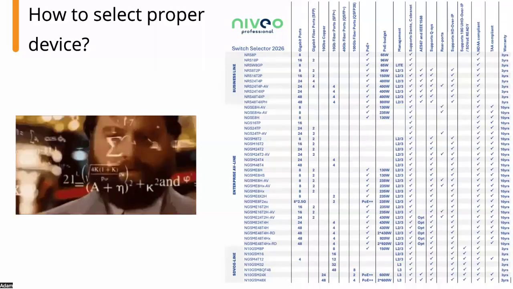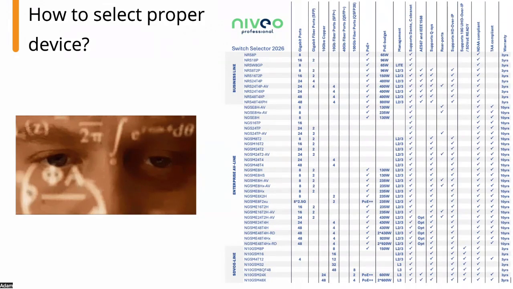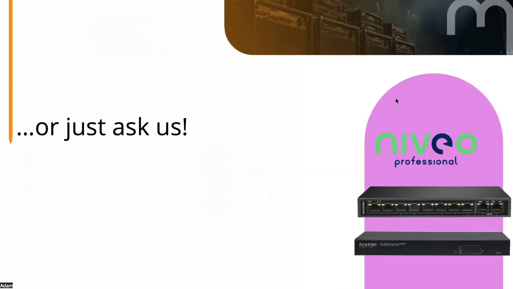If you are still not sure which device to select, remember, we are here to help. Just ask us, and we will help you select the proper product. Maybe you already designed a Netgear switch into the system, but it's not available due to shortages. We can find a replacement for you which will be very similar to the Netgear. Just let us know, we will help you.